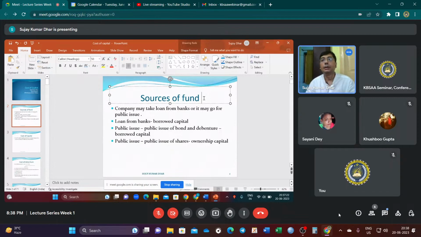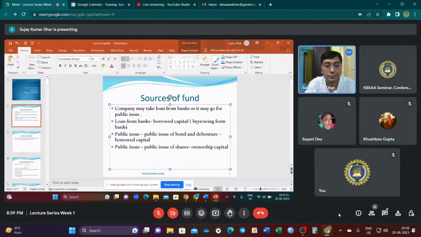Similarly, if company takes loan from the banks or company issues bond and debenture, then it is borrowed capital. When company is taking loan from banks, company is borrowing from banks.